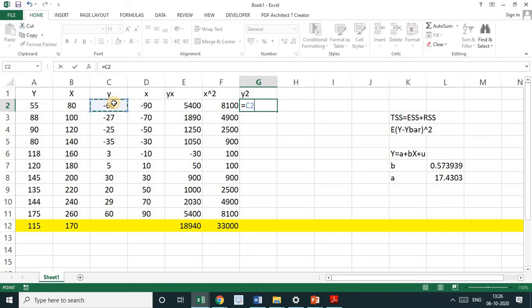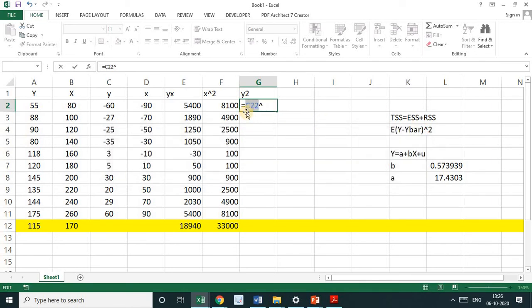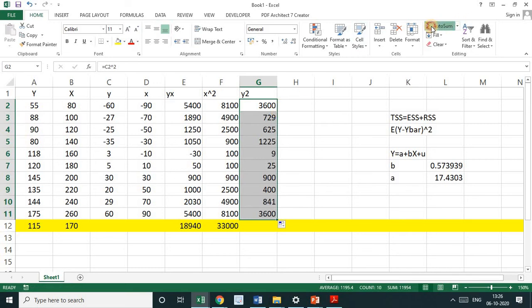This is the small y, and if you square it, and then do it for all and sum it, you get 11,954.